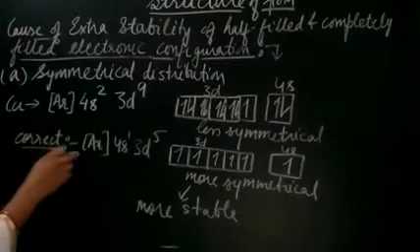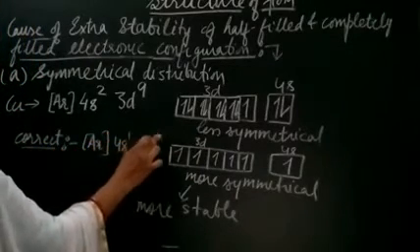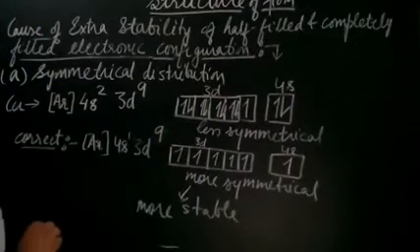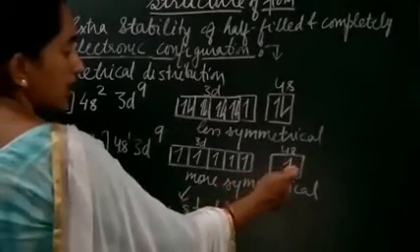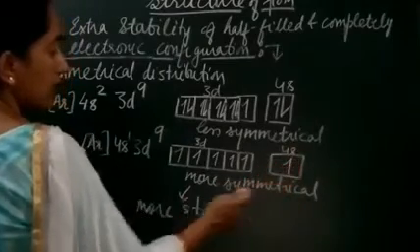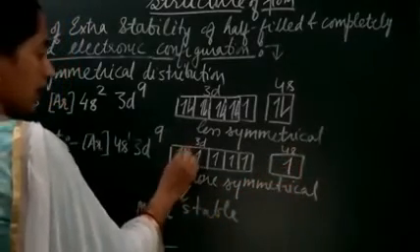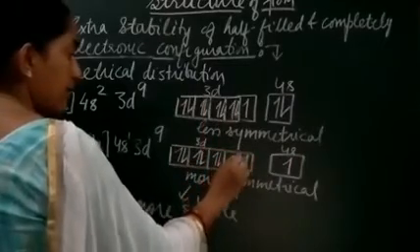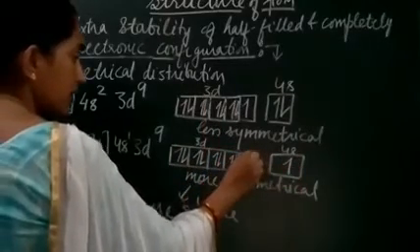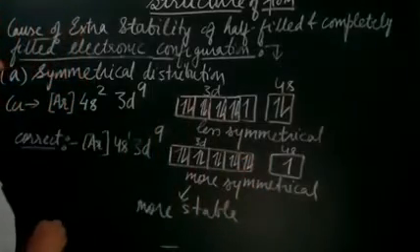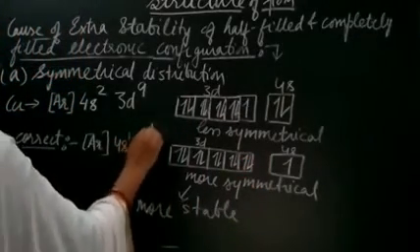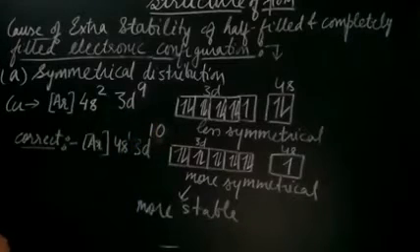Now the correct electronic configuration is 4s1 3d10. In that case, one electron from the 4s subshell jumps to the 3d subshell, so it was 9 from the starting, but when it gets one electron from 4s, it gets 10. So here it will be 4s1 3d10.